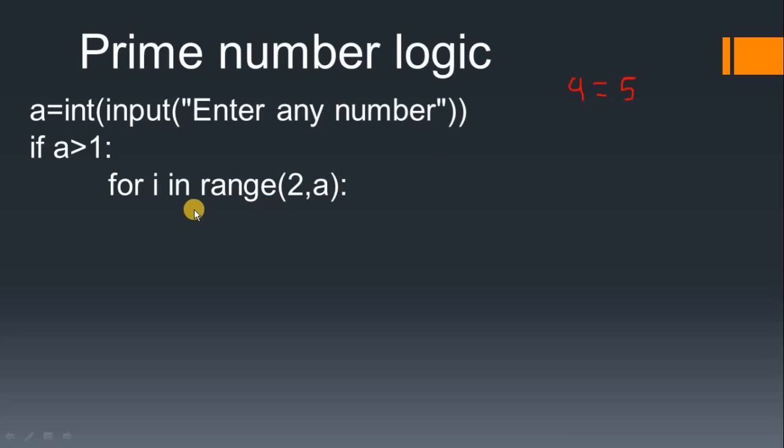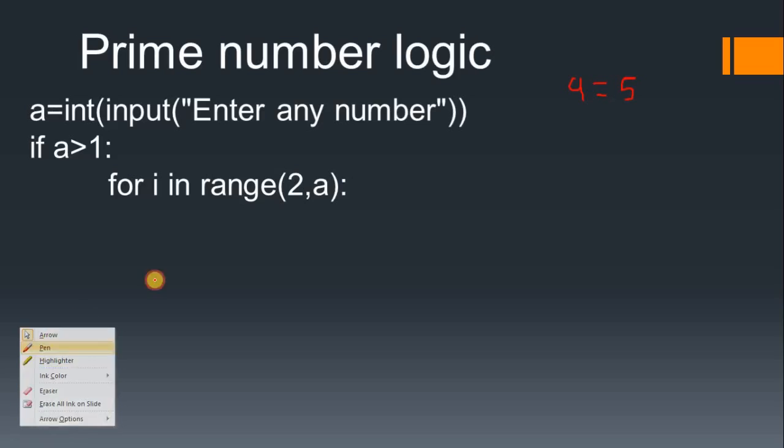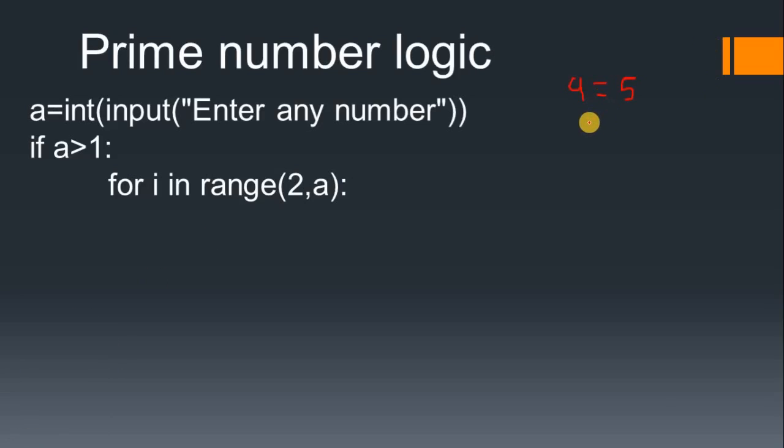So how do we get to know whether the number is prime or not? Suppose the number is 5. We divide this number from 2 up to 4, because we know it is divisible by 1 and 5. So we have to divide this number by 2, by 3 and by 4.